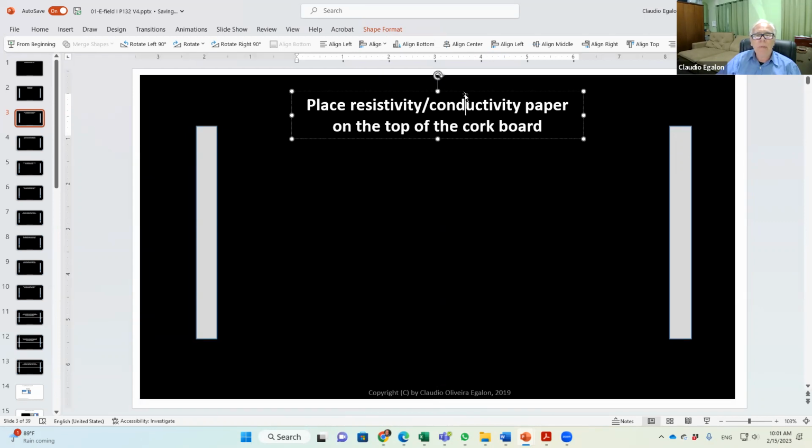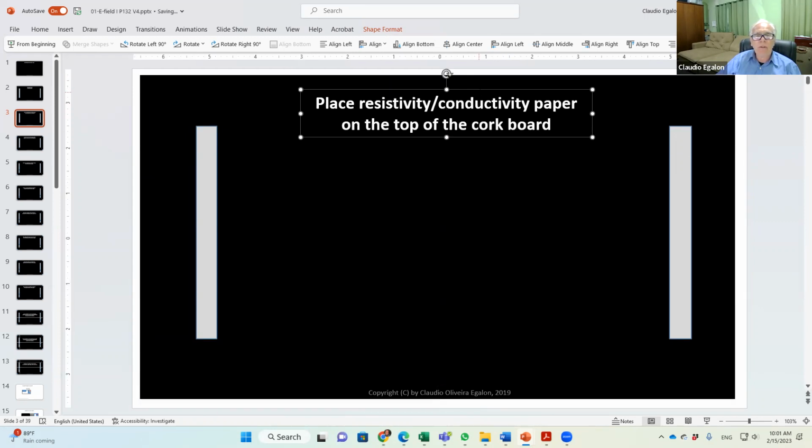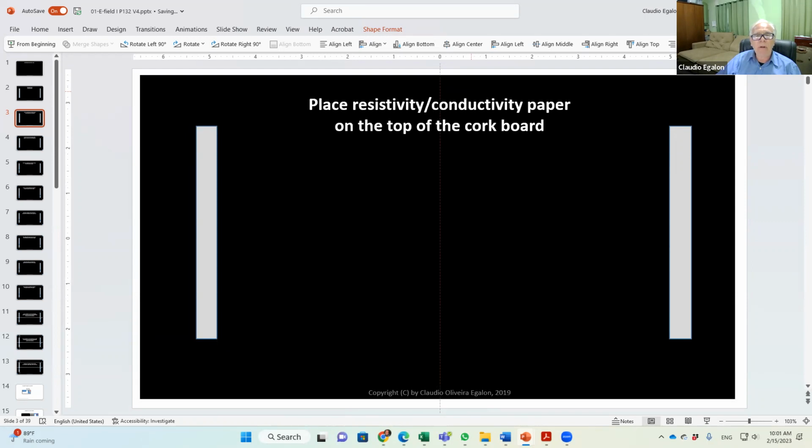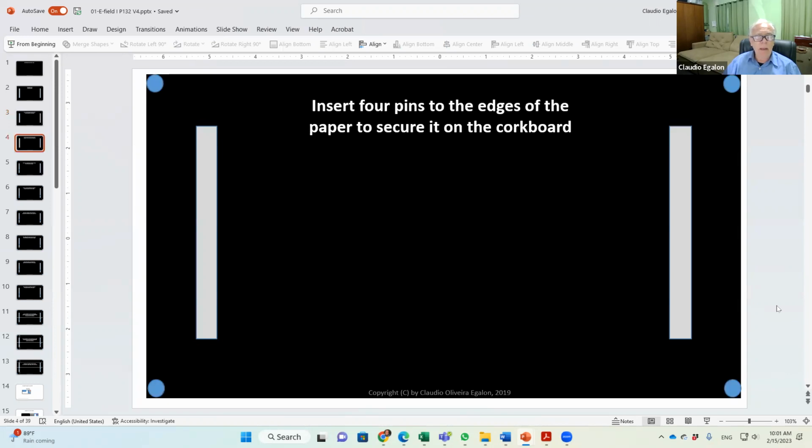Why do we do that? We do that because the cork board is a dielectric material. It's not going to affect our experiment. If you put it over a metal plate, then the metal may affect the measurements that we take with this paper, okay?